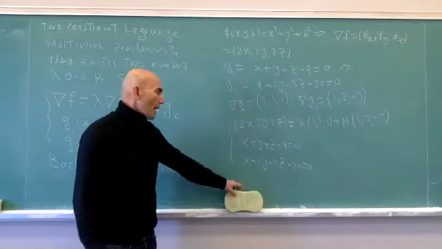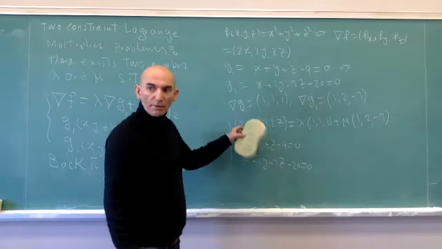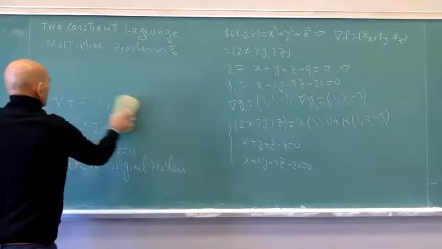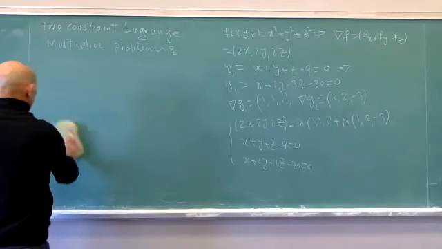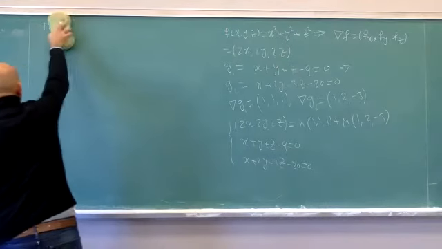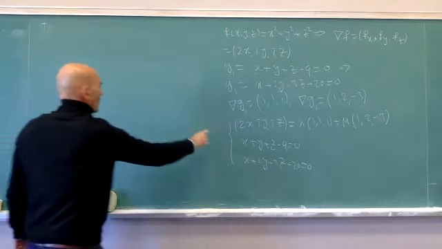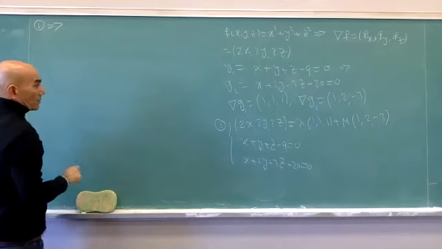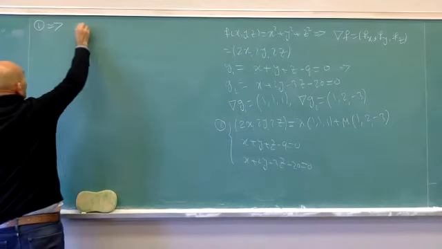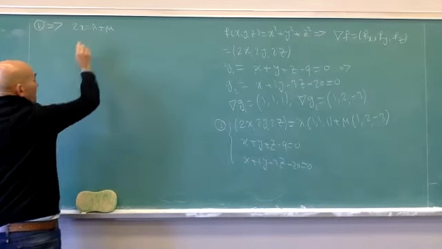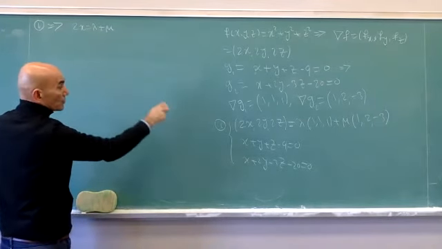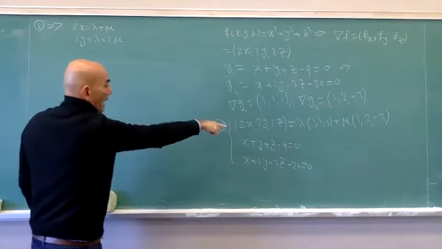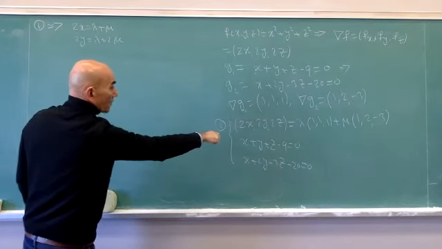Cool. So now, the first equation tells us that 2x is equal to lambda plus mu, and 2y is equal to lambda plus 2 mu, and 2z is equal to lambda plus 3 mu.